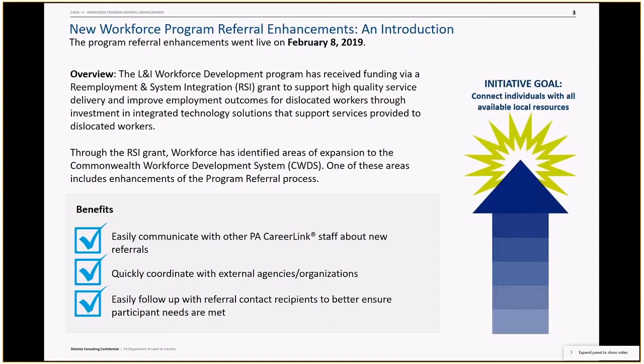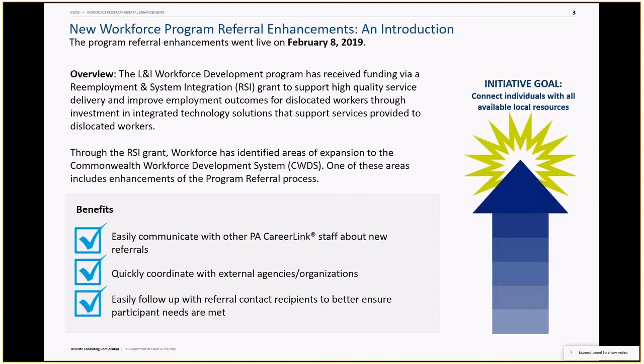There's an internal referral, which would be referring a customer from within your own office to another staff person in your same office. Another type of internal referral would be to refer somebody from your CareerLink to a different CareerLink. And then finally, an external referral, where your CareerLink can refer a customer to an outside agency that you work with, for example, United Way.